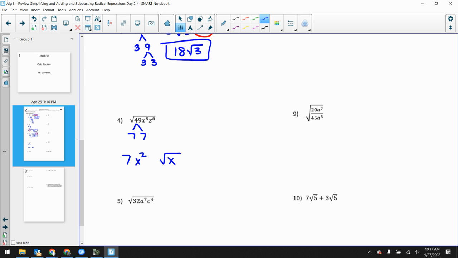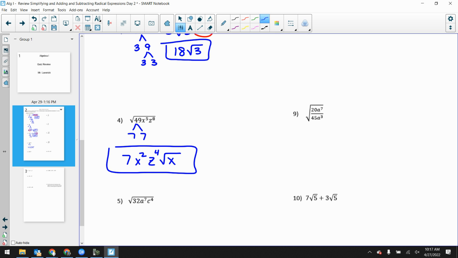Remember, any odd power is going to have one remaining on the inside because it doesn't have an even amount of buddies, right? Every odd power is going to have one left over on the inside. Every even power is not going to have any left over on the inside. How many z's are coming out? 4. Z to the 4th.